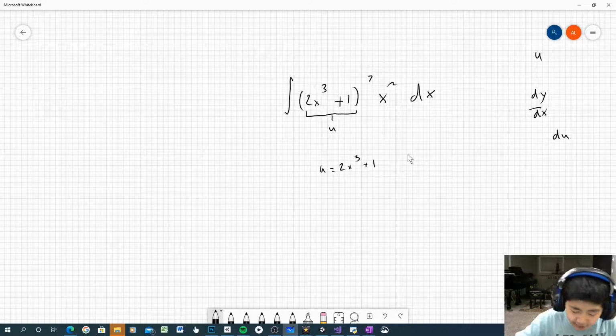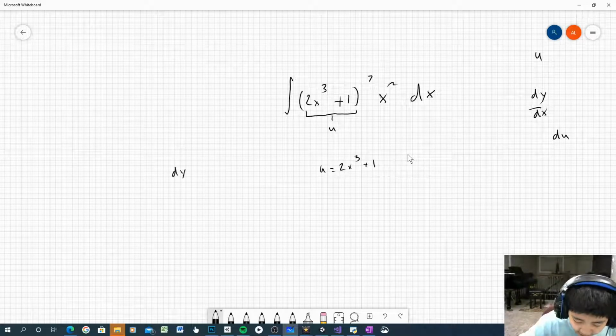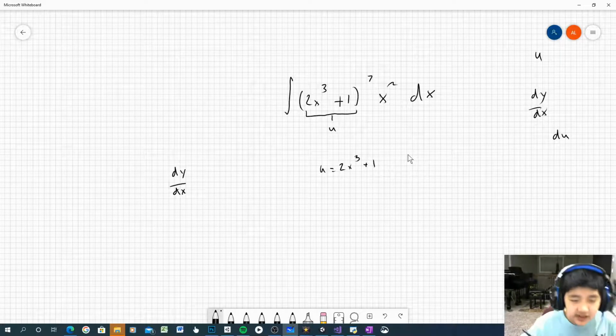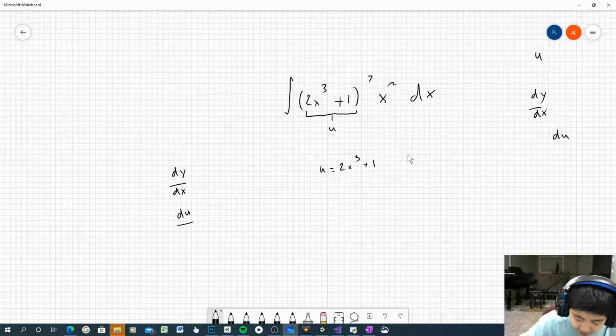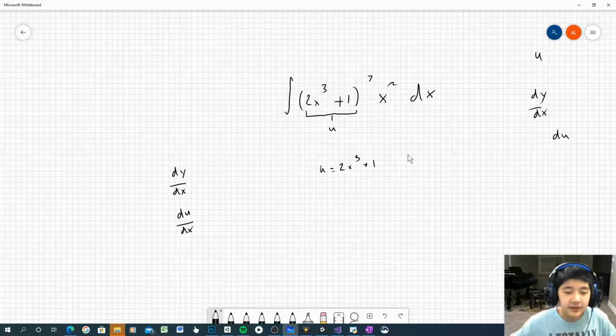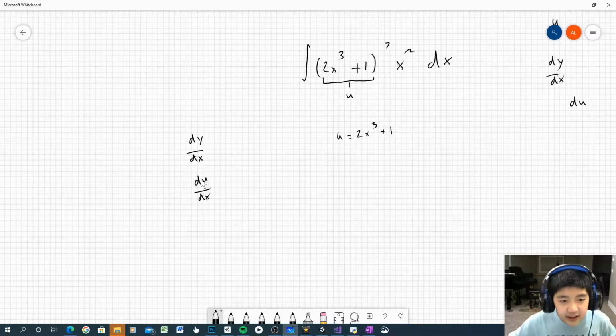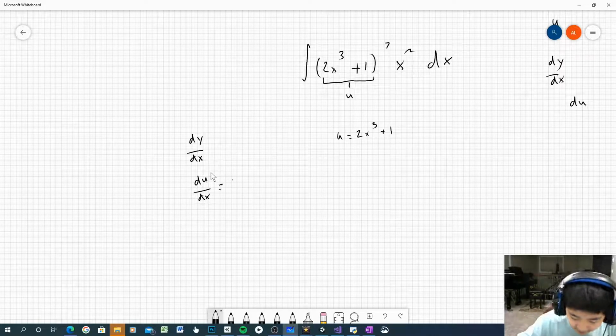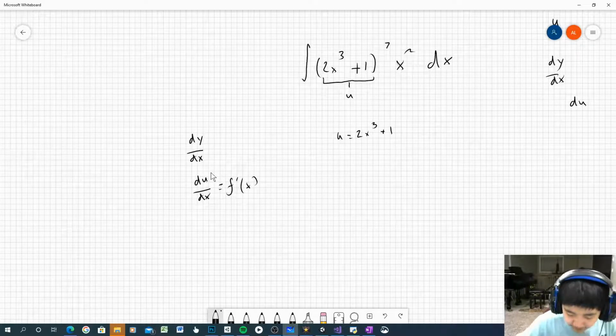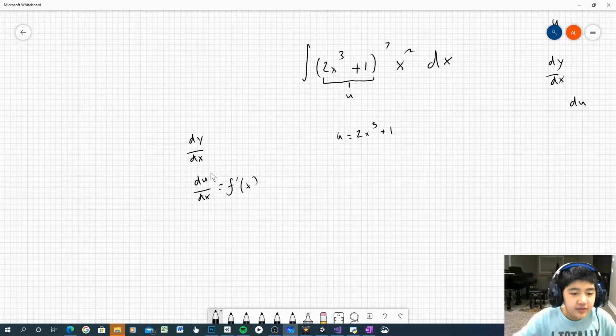If we have dy/dx, we can just say du/dx, which is the derivative of the equation of u. Now we see that we have our desired thing, du. So this would equal f prime of x. And then how do we get our du?